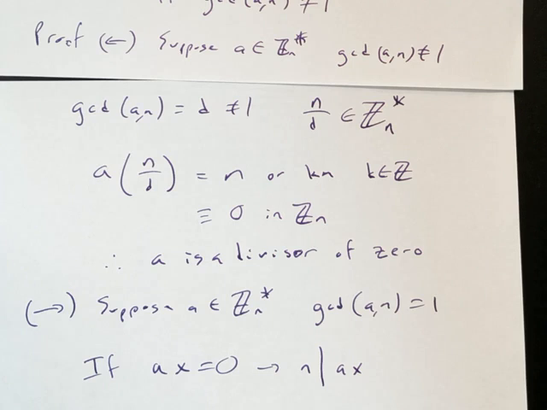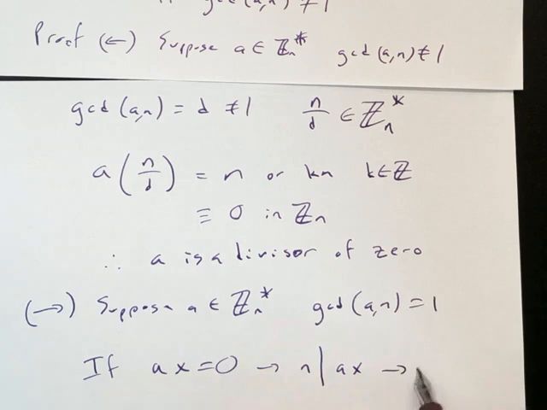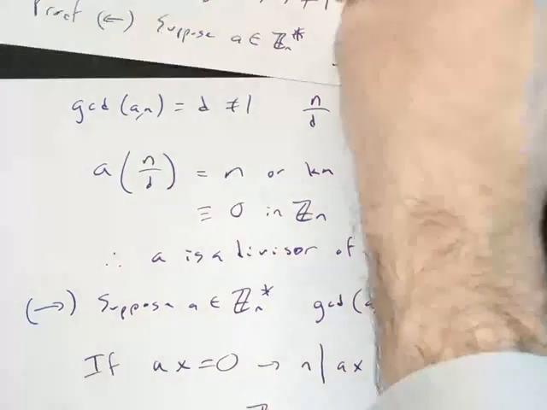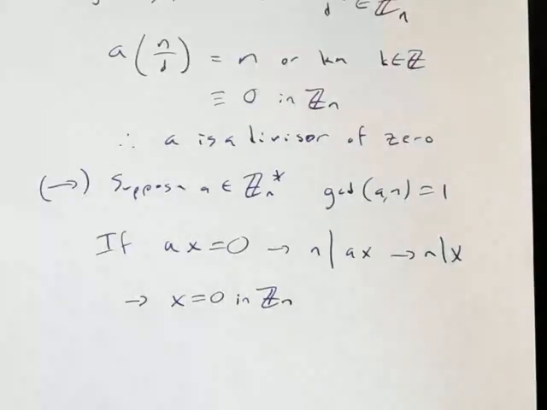Got to divide X. It can't divide into A, it's got to divide the other part. Wait a minute. If X is divisible by N, then X is 0 in Zn. So if I have A times something equals 0, the other thing has to be 0. It's not a divisor of 0.